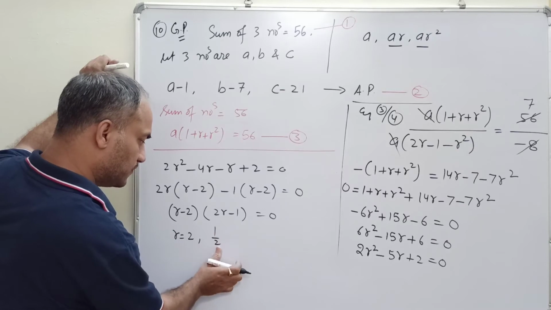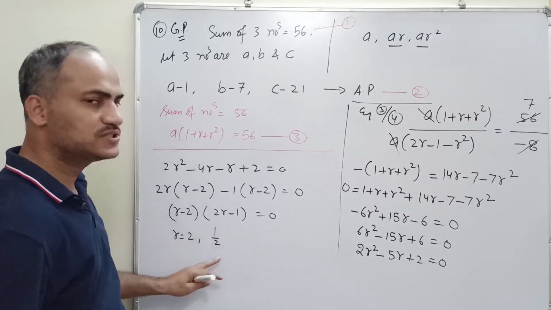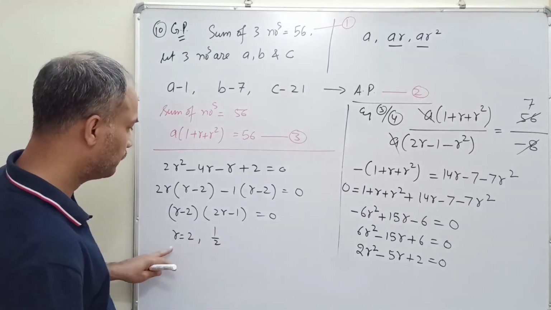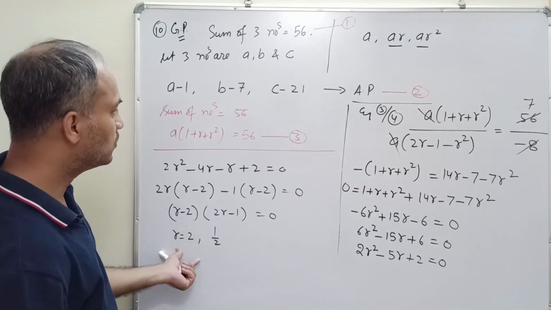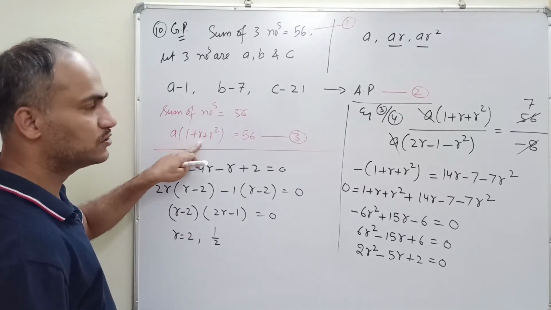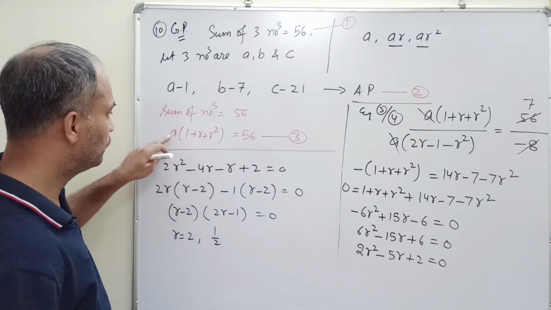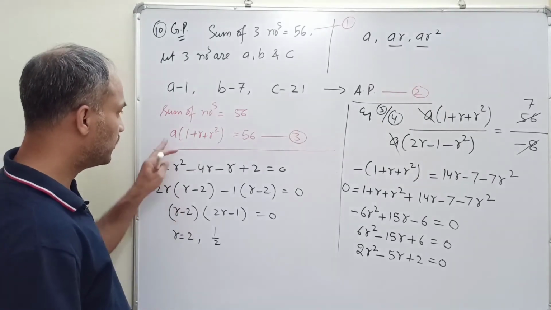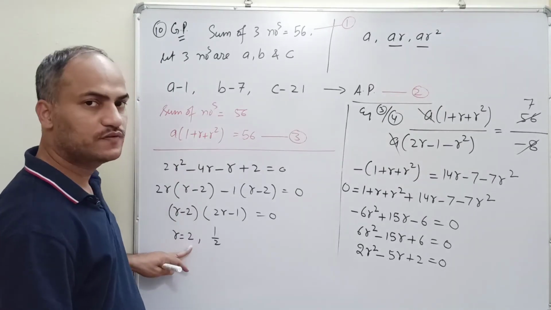These are the two values of r we get from here. Since we have got r, we can easily find the two values of a also. Two values of a will be obtained because we have got two values of r.